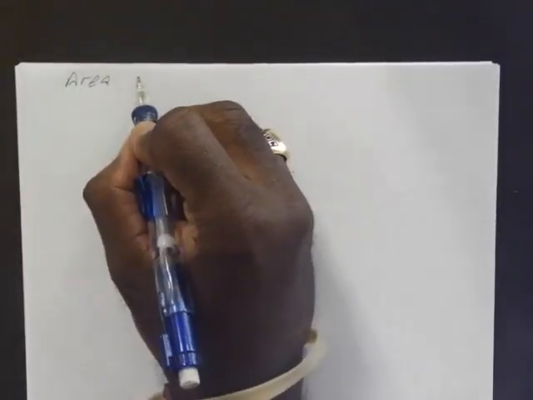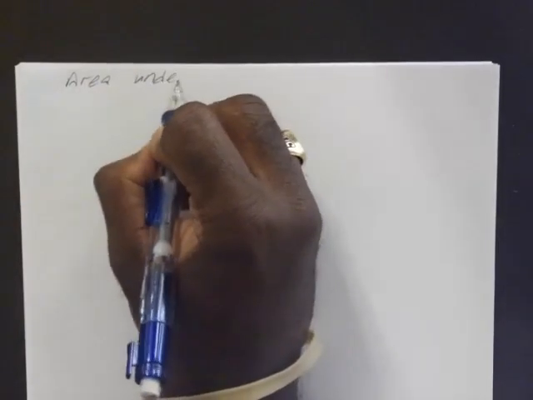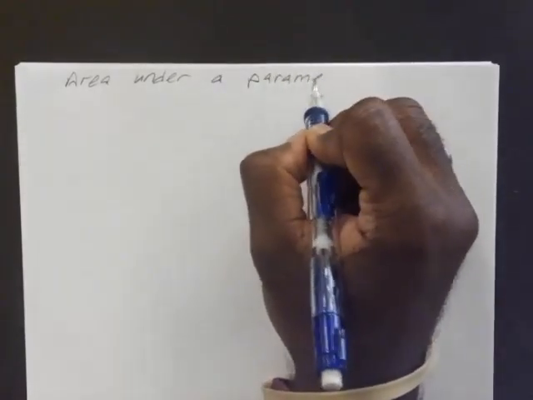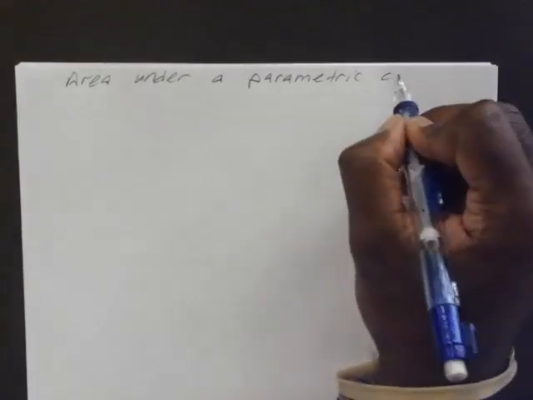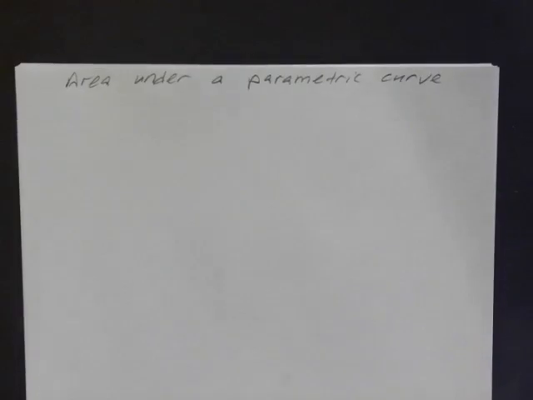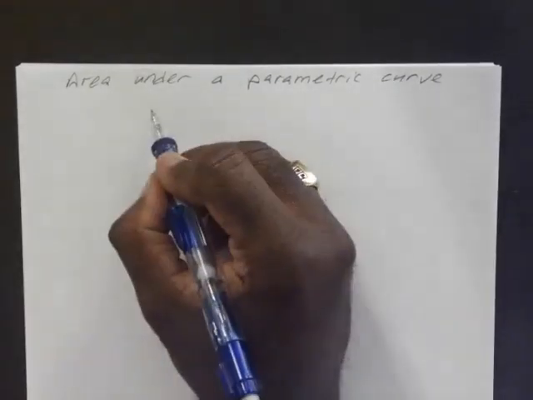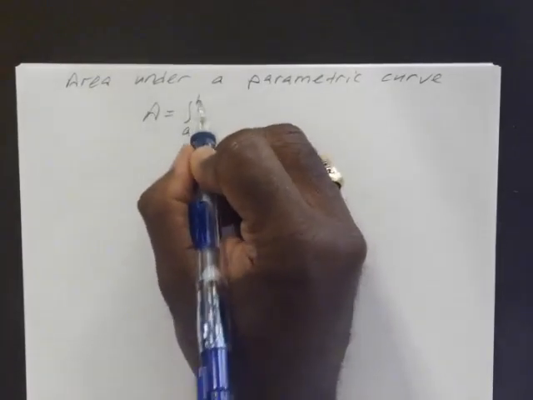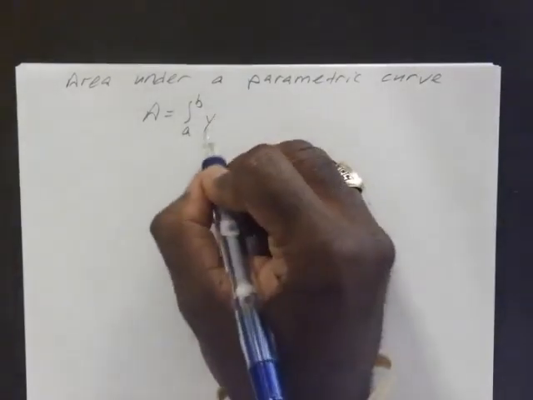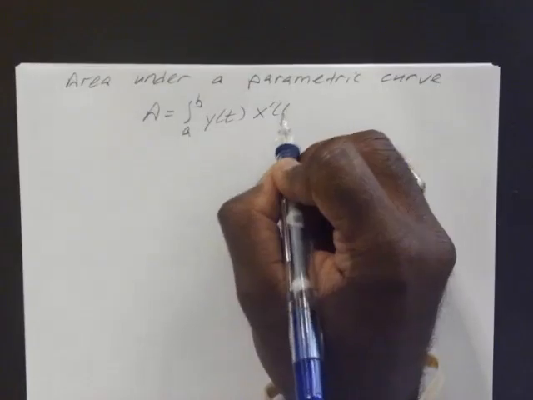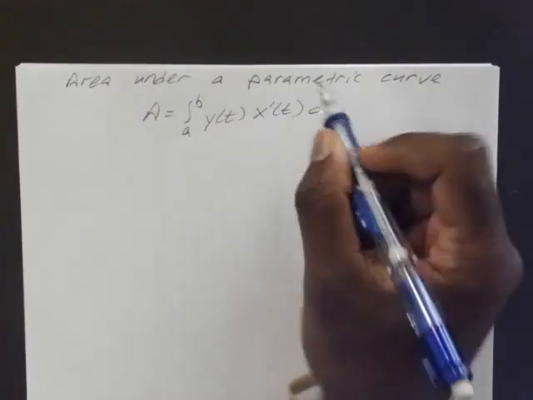What if we wanted to find the area under a parametric curve? Well, that area is just equal to the integral from a to b of y of t times x prime of t with respect to t.